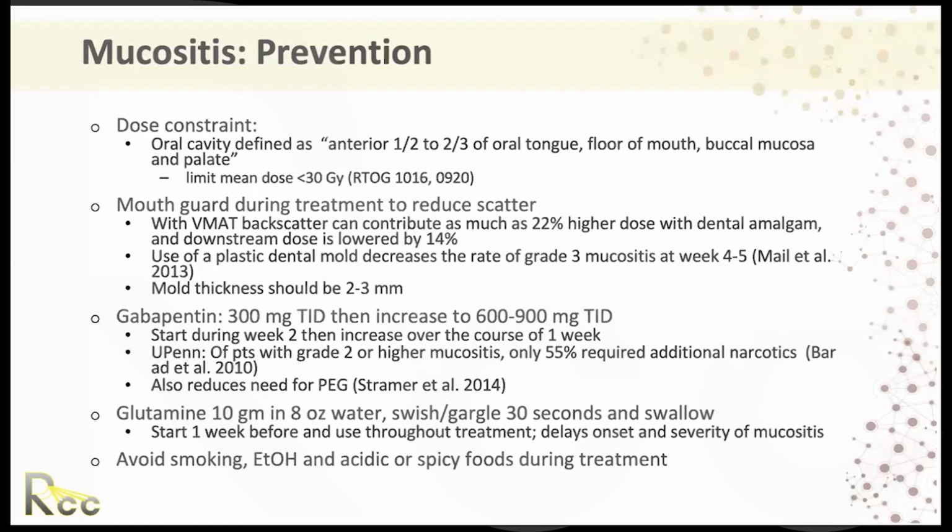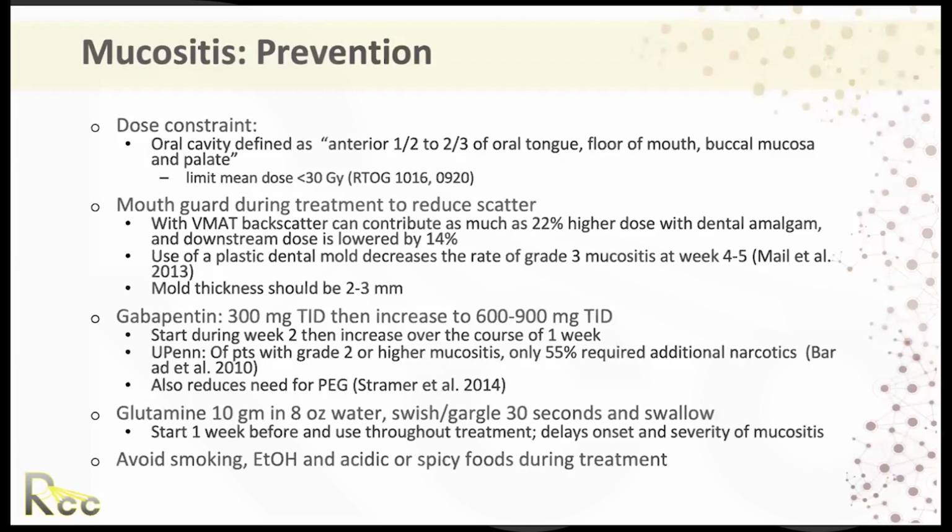Other things that you can do: we talked a bit last week about how dental fillings, especially silver amalgam, are the bane of our existence. Metal crowns that patients have can cause a lot of backscatter. So if you have somebody who has a lot of dental fillings or crowns, you can work with the dentist to build what look like mouth guards. Oftentimes dentists make these routinely for patients who have an overbite to help them sleep more comfortably at night.